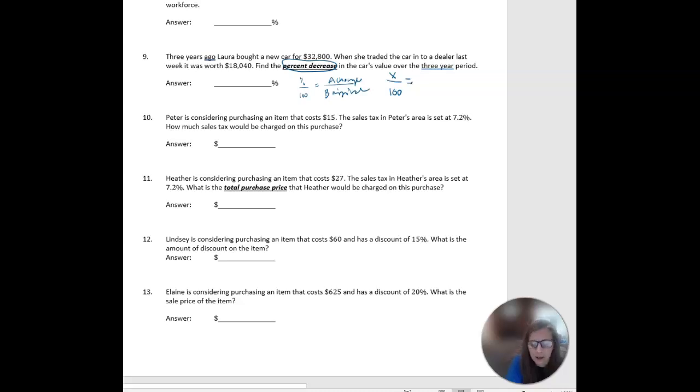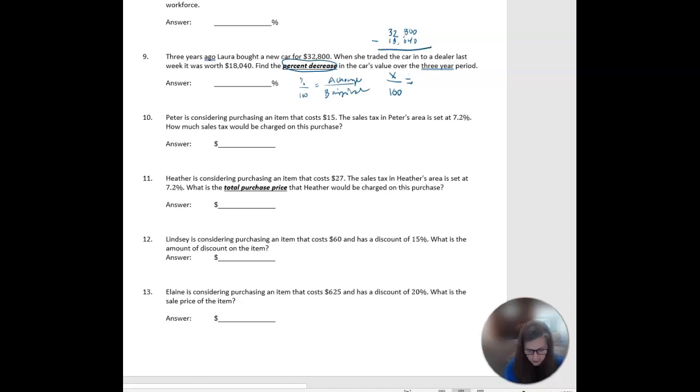Okay, again, in the numerator, you do not put 32,800. You do not put 18,040. You put the difference, okay? You put the amount that it changed. So if it was 32,800 and it's now only worth 18,040, the question is, how much did it change?